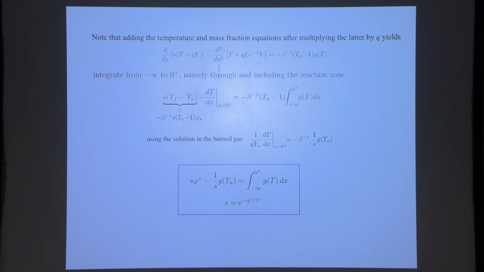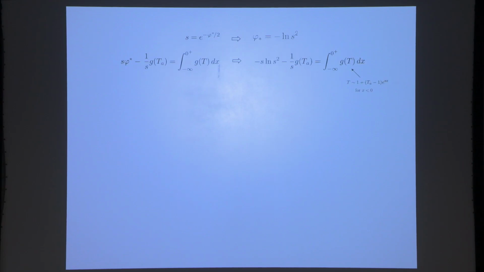The second equation with those two unknowns can of course be expressed in terms of phi star, which is what I do in the next slide. So S equal to that tells you phi star is minus the log of S squared. By the way, in one of your notes, there may be a minus missing somewhere, but you can easily determine that if you verify the algebra.